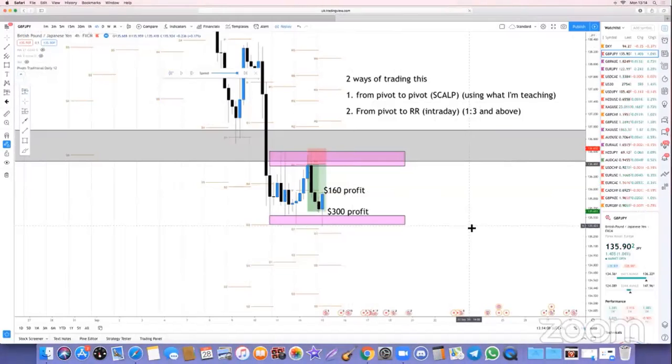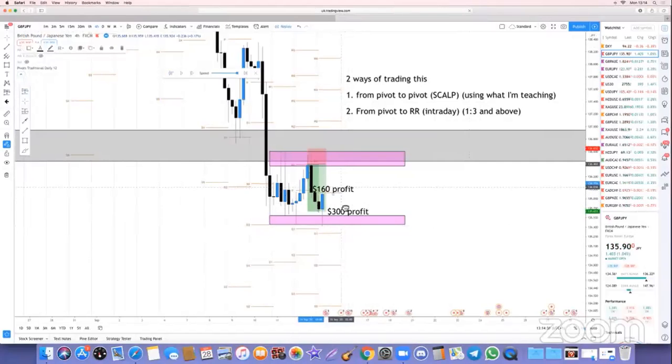Throw a 1 in the chat box if you've understood the difference between those 2 trades, please. Okay, good. Don't worry, we're going to do plenty more examples. Okay, good. That's the first example.